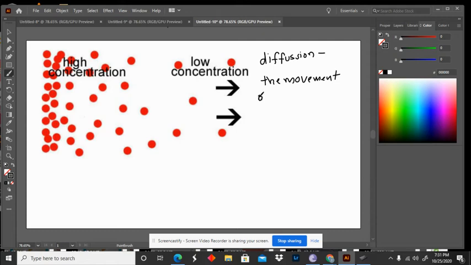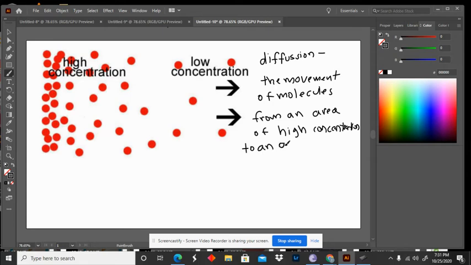The movement of molecules from an area of high concentration, well, you can barely see that, to an area of low concentration.